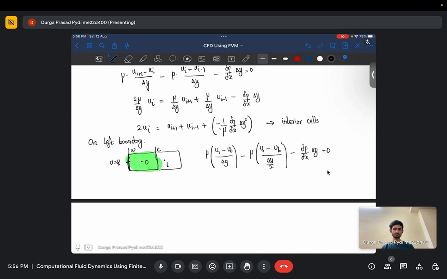In the cells which don't have the boundaries, I think we can have the guarantee of the accuracy, however accurate the formulation was.